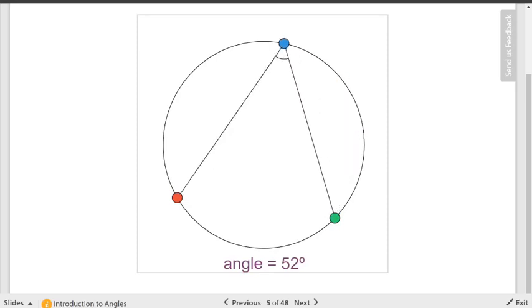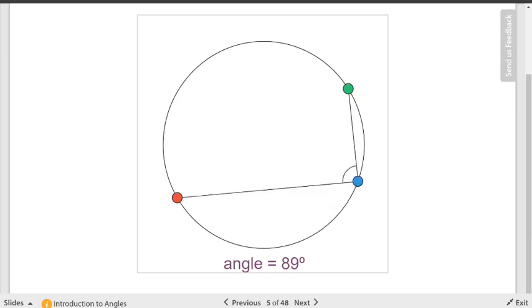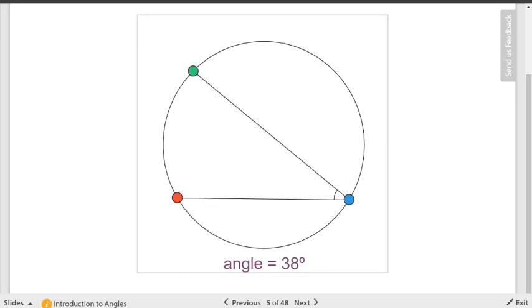It makes no difference. Now this one changed because I went across one of the line segments. But as long as you're not crossing one of the line segments, the position of that vertex makes no difference. The angle stays the same. But moving the endpoints does change the angle. Either smaller or larger.